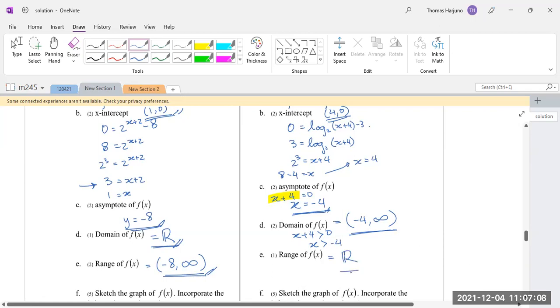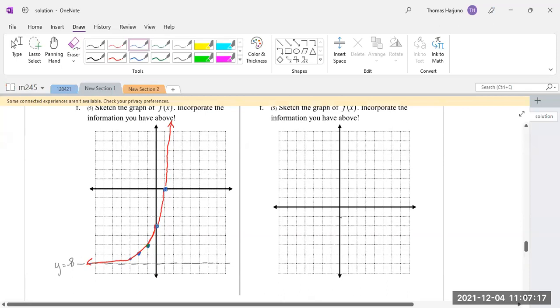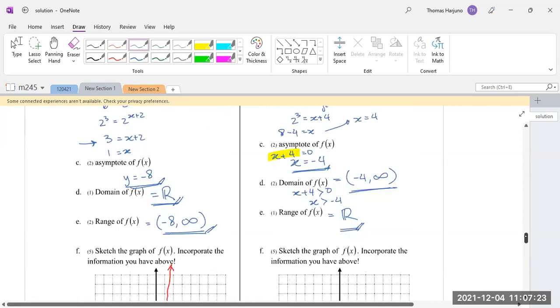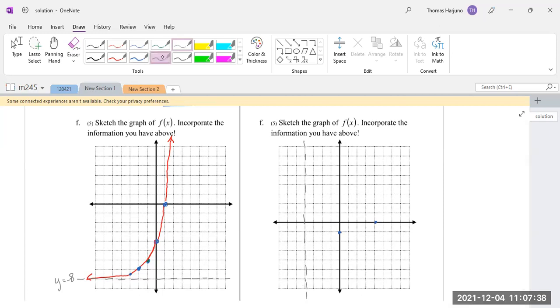Now we will sketch the graph. The x-intercept is (4, 0), the y-intercept is (0, -1), I believe. The vertical asymptote is x equals -4. Now the three important coordinates.